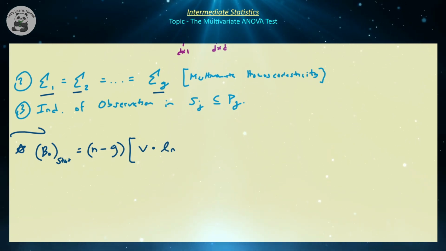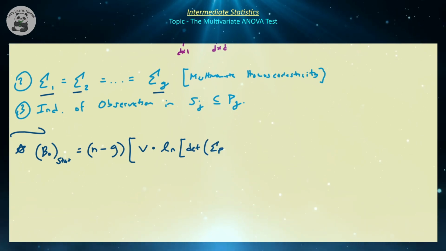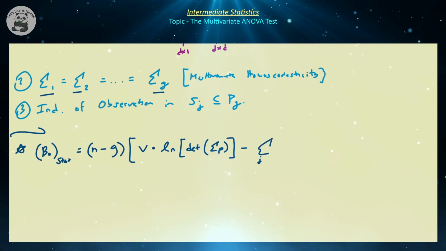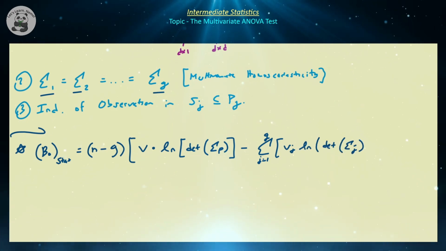And then it's going to be the natural log of the determinant of the associated pooled covariance matrix, and then we're going to subtract the sum from j equals 1 to g of our nu j times the natural log of the determinant of our individual covariance matrices for each of our random vectors.